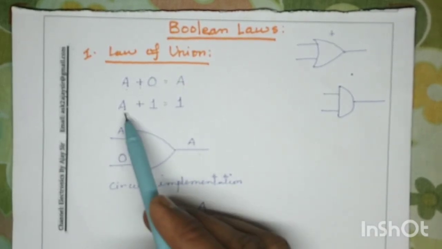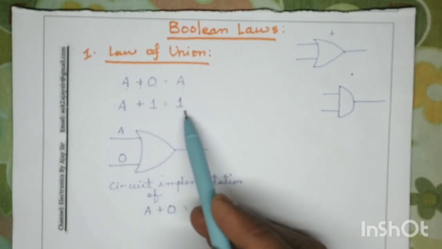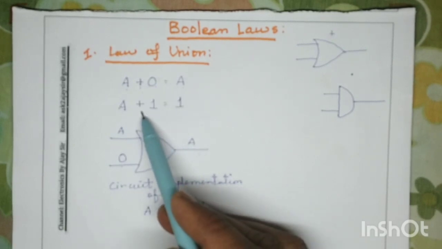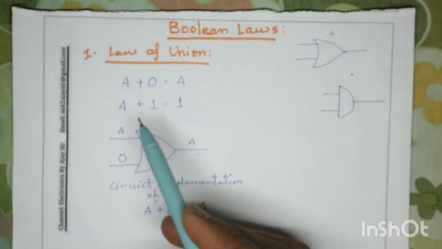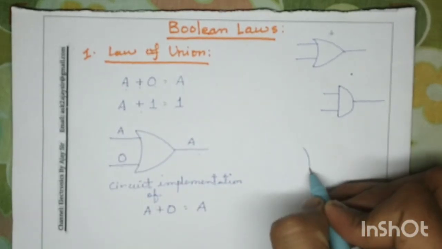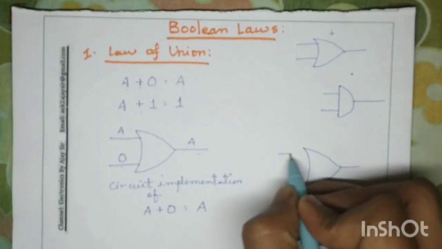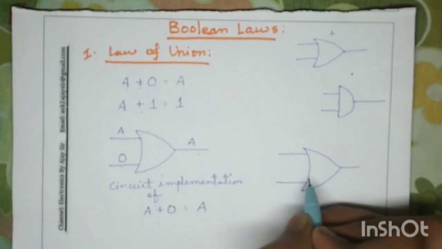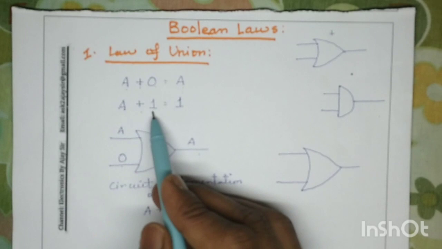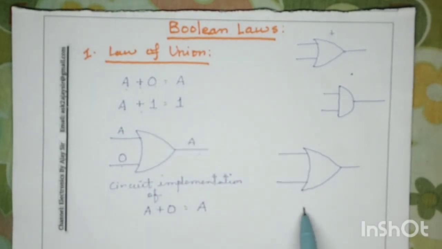Next we will implement this function a plus 1 is equal to 1. Again we will target this plus sign, and for this plus sign we will use an OR gate. Since there are two inputs a and 1, I have used a two input OR gate.